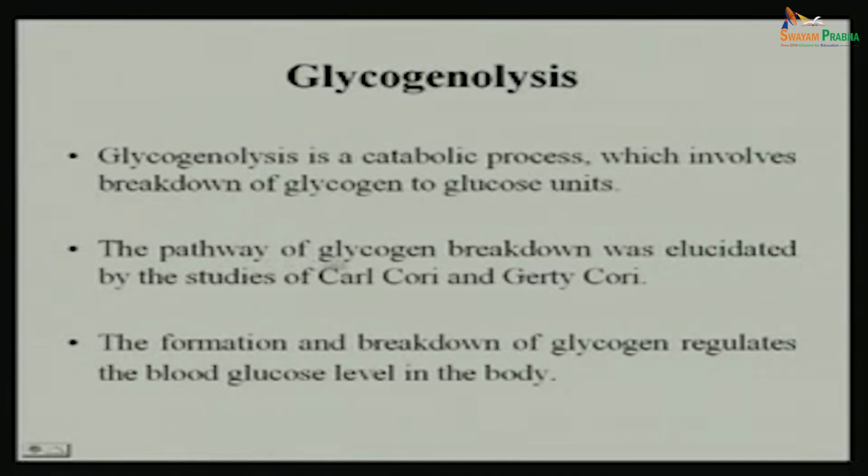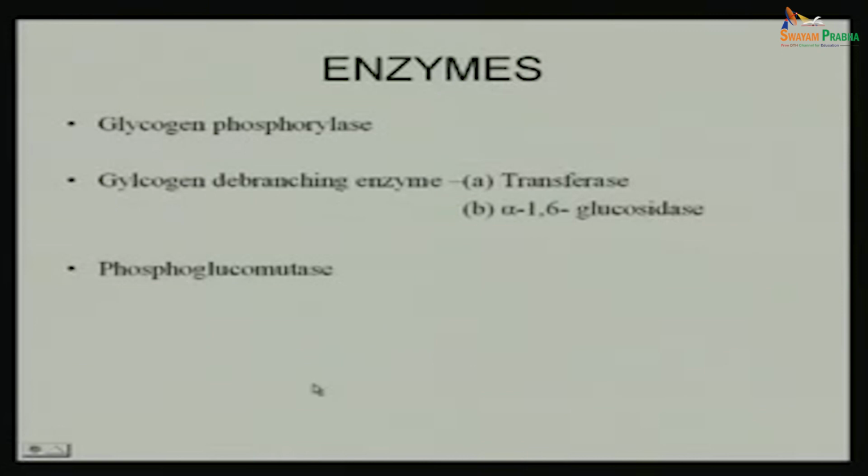The pathway of glycogen breakdown was elucidated by the studies of Cori and Cori. The formation and breakdown of glycogen regulates the blood glucose level in the body.